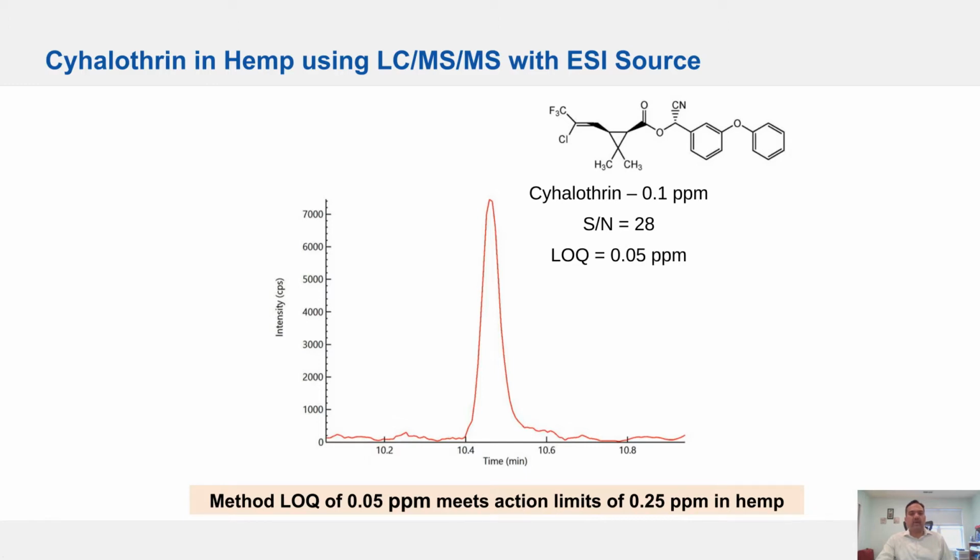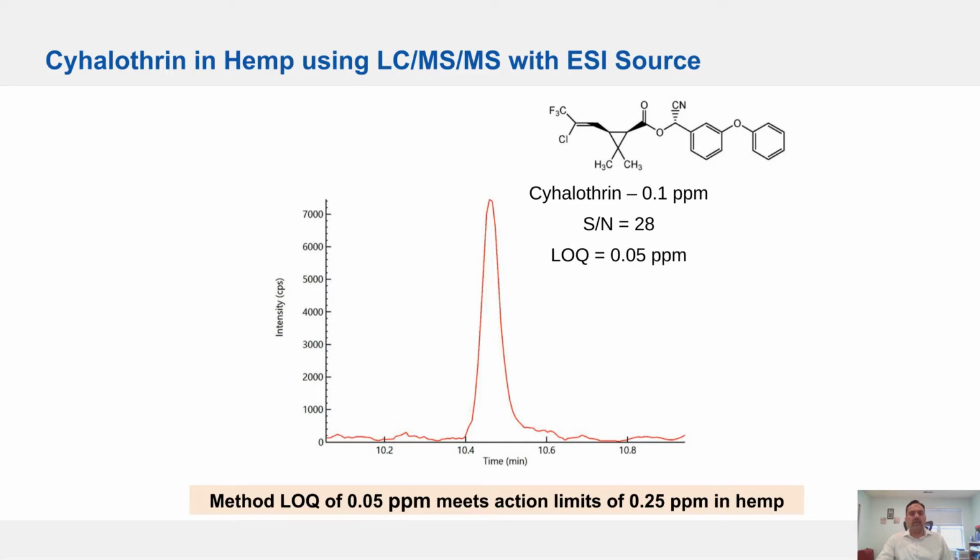Also, in the past, a lot of people have asked me how we determine our LOQ for different pesticides. So these LOQs, which I'm showing here, were collected by pre-spiking hemp matrix for all the analytes. Also, our LOQ numbers take into account the 10 dilution factor of our sample preparation method.